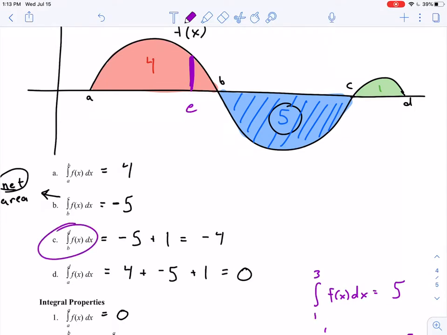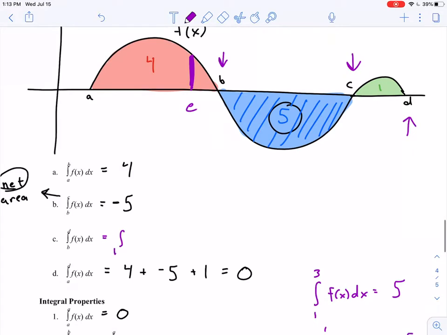When we integrated from b to d, we did this without even thinking. If I want to start at b and end up at d, I can put a halfway point right there at c. I can integrate this function from b to c of f of x dx plus the integral from c to d of f of x dx.